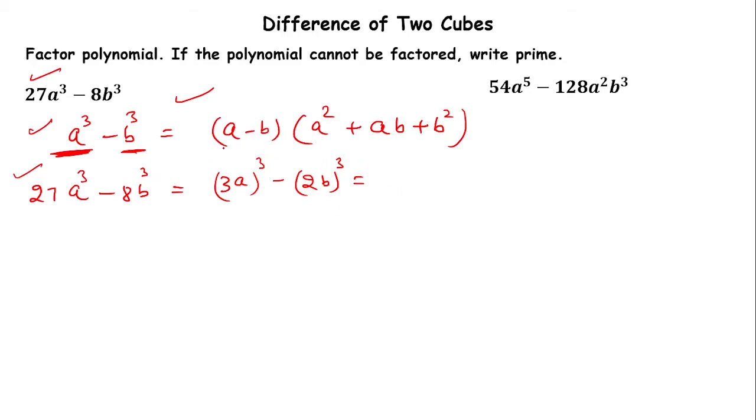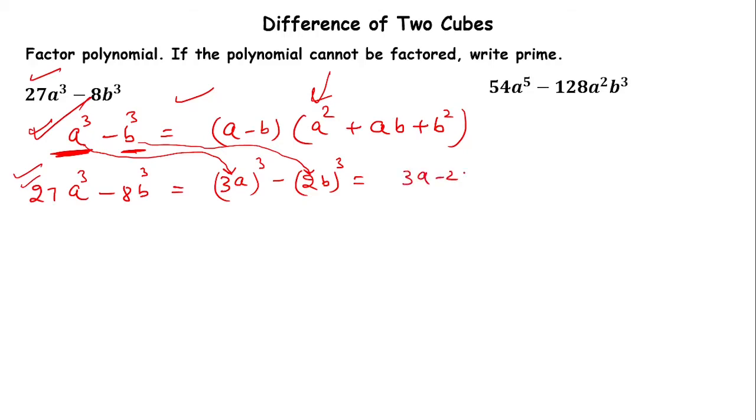Same thing, my dear. If you compare this identity with this question, what is the value of a here? a is 3a here, and what is b? b is 2b. So in this formula, just replace a by 3a and b by 2b.